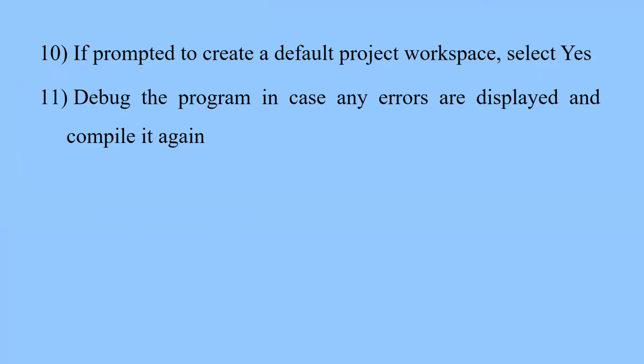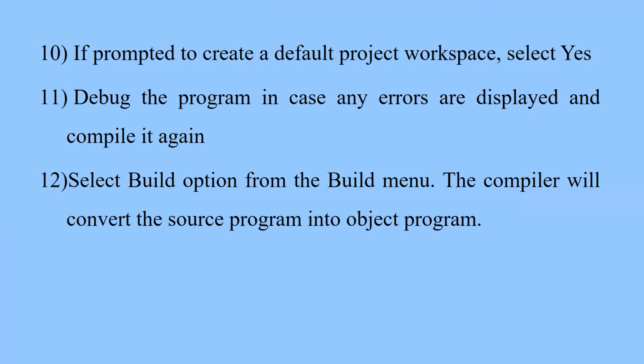Debugging, I said in my previous presentations in this series, is that process or the steps that you take to identify your error and then make corrections to that error as is required in the program's syntax. Once you are through, select the build option from the build menu.